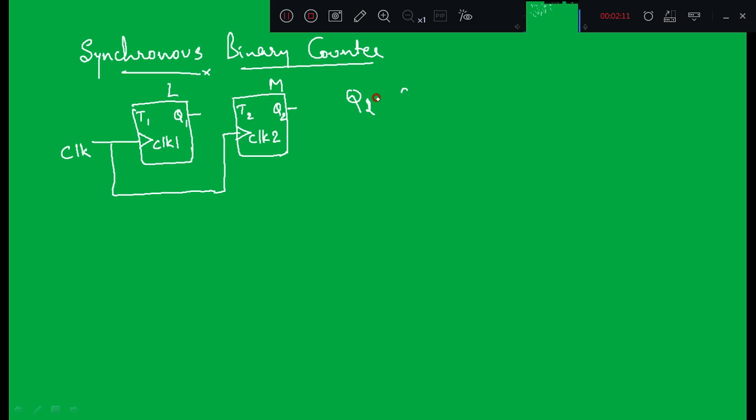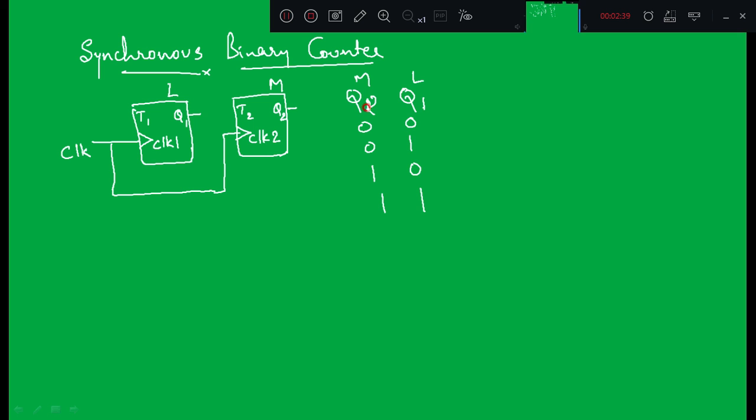So let me explain this with only two flip-flops, where Q2 is MSB and Q1 is LSB, right? When I use two flip-flops, in the last class we discussed that the number of output states depends on the number of flip-flops. If I have two flip-flops, we can write four different states: 0 0, 0 1, 1 0 and 1 1, right?